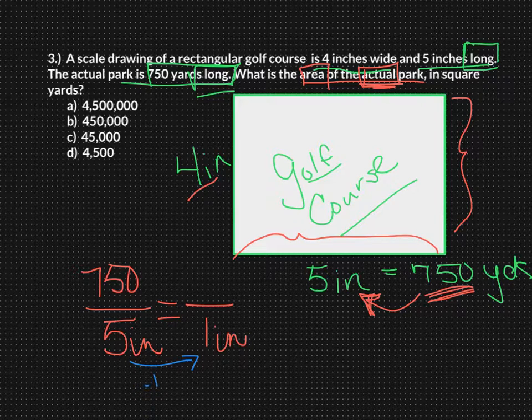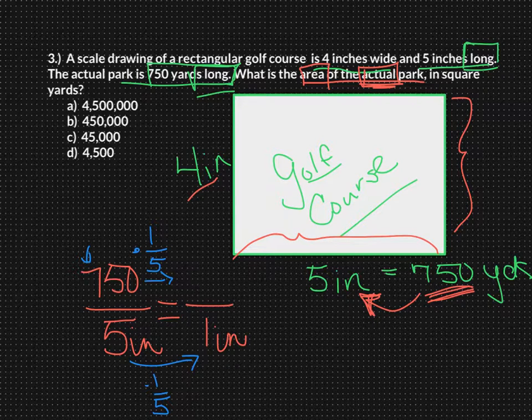I multiply by 1/5, which is the same thing as dividing by 5. So I'm going to multiply 750 by 1/5, which is the same thing as dividing by 5. So I have to see how many times 5 goes into 750 to get my answer.